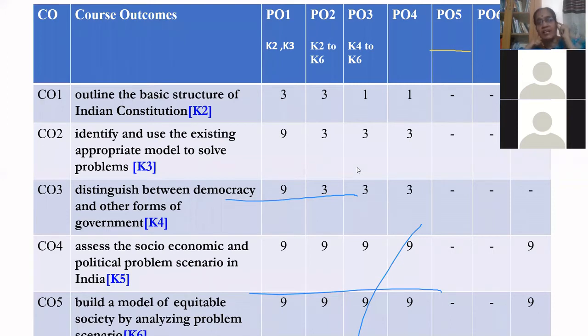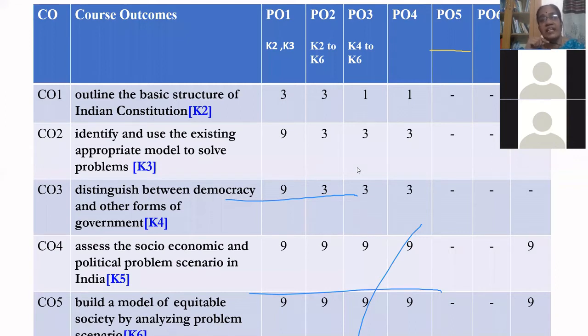With this understanding of PO1, PO2 and PO3, let us map first the COs. CO1 is addressing K2. Outline the basic structure. It is addressing the K2 level. So PO1 with K2 and K3. So for this, you can give only 1, 3, 9.